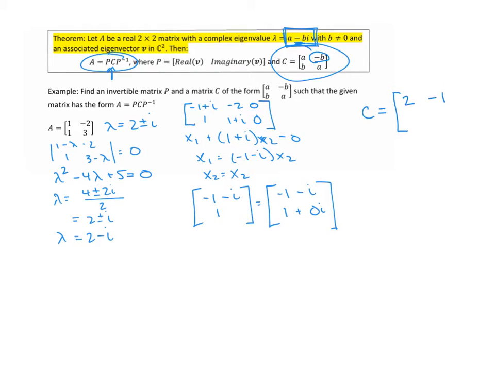The coefficient for i was negative 1, so I'm just going to have a negative 1 here. Don't worry about changing the signs. That's the reason why we took our lambda to be 2 minus i instead of 2 plus i. It just makes the signs identical. 1, 2. So that's how we find matrix C. And then matrix P, let me change colors.